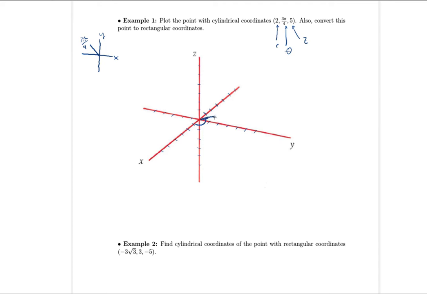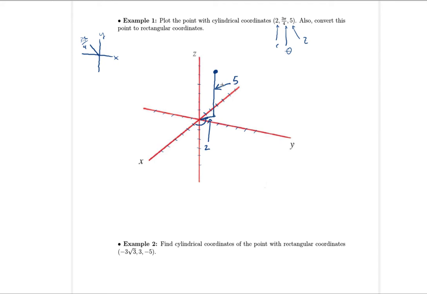But then I'm going to go up 5. Right now you can see by the perspective that I'm about right here. So I'm going to go up 1, 2, 3, 4, 5. So I'm going to put the point right there. So this has a length of 2, and that has a length of 5. Okay, and that's my point.